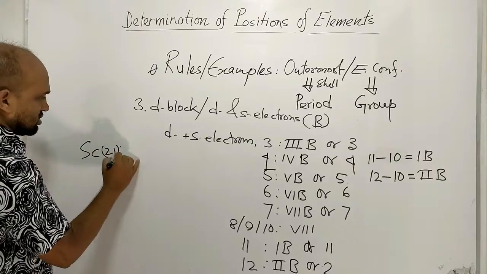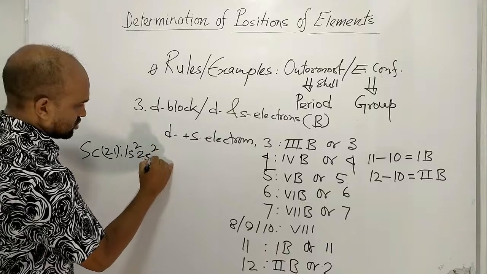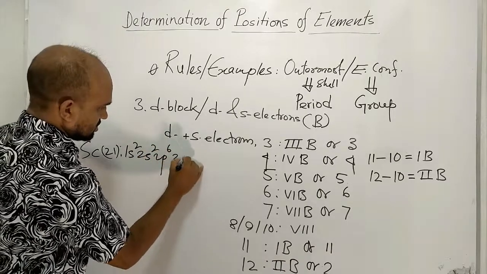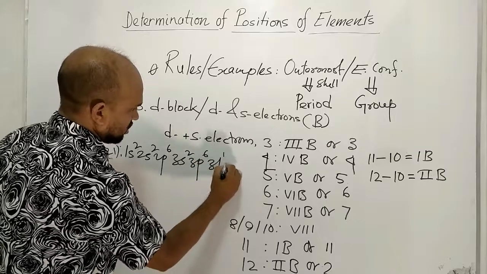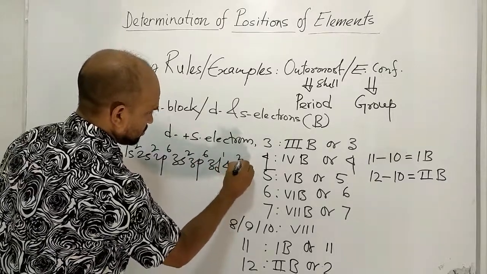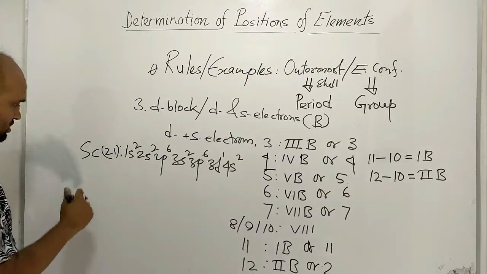Scandium 21. Electronic configuration is 1s2, 2s2, 2p6, 3s2, 3p6, 3d1, 4s2. This totals 21 electrons.